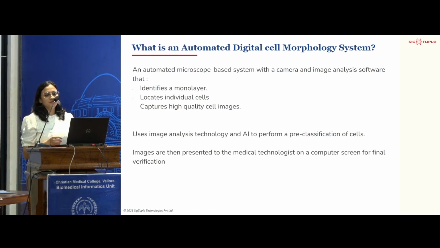When we do our MD, that is how we are trained. So image matching is what is done, and it captures high quality cell images. By using image analysis technology and artificial intelligence, your machine learning, your neural networks and everything, it performs a pre-classification of the cells. The images are then presented to a medical technologist or a pathologist on a computer screen for final verification.